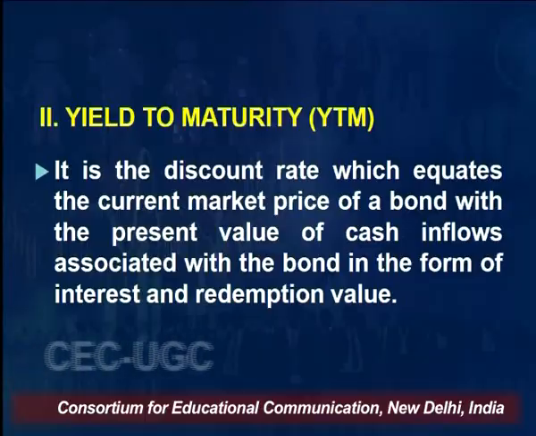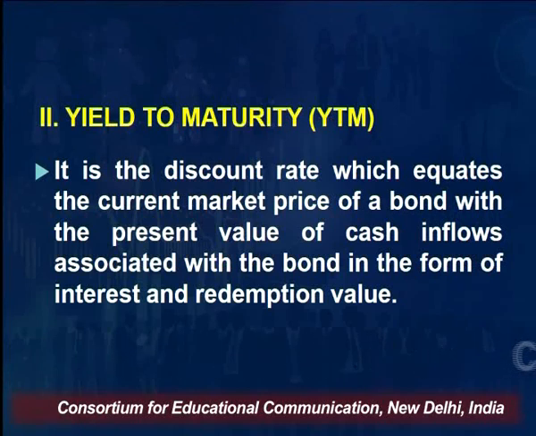So it is the discount rate which equates the current market price of a bond with the present value of the cash inflows associated with the bond in the form of interest and redemption value. Friends, as you are aware by now, there are two types of income which the investor gets.